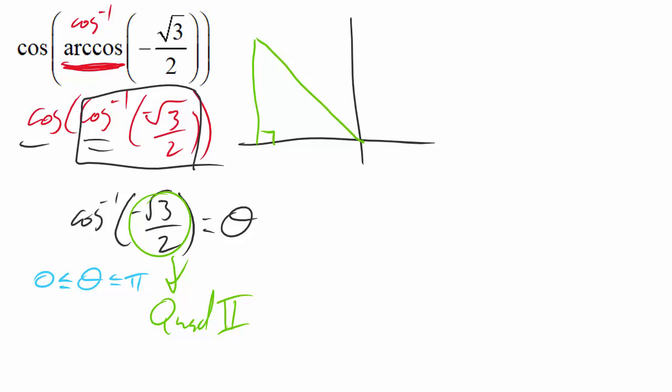Now, cosine is equal to the adjacent over the hypotenuse. So that'll be the negative square root of 3 over 2. And with a little help from the Pythagorean theorem, we will discover that the missing side is 1. Now remember that our reference angle is here, between the hypotenuse of the triangle and the x-axis.